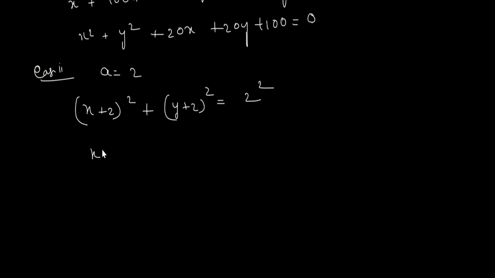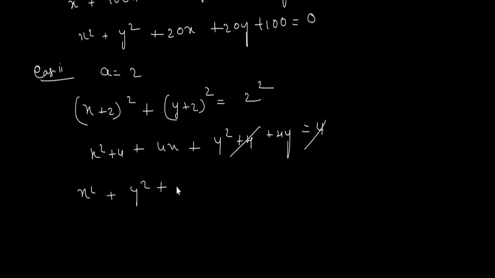So it is equal to x square plus 4 plus 4x plus y square plus 4 plus 4y is equal to 4. So we get now x square plus y square plus 4x plus 4y plus 4 equal to 0.